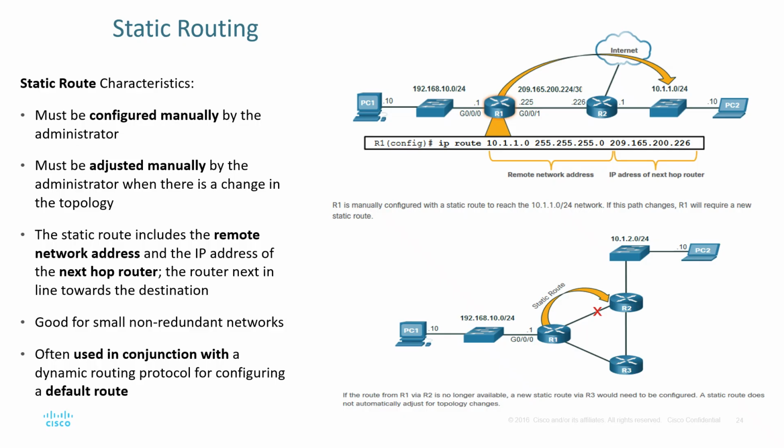The command IP route, my destination network here is 10.1.1.0. My subnet mask 255.255.255.0. Both of those having to do with the remote network. And then in this example, I am utilizing the next hop address, which is 209.165.200.224.